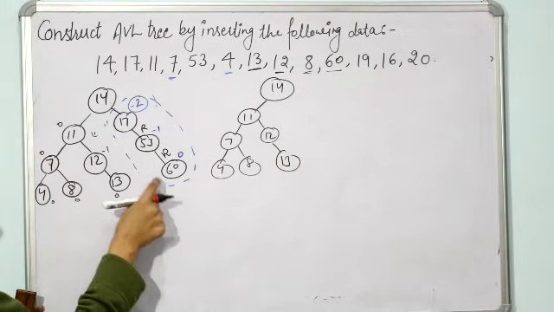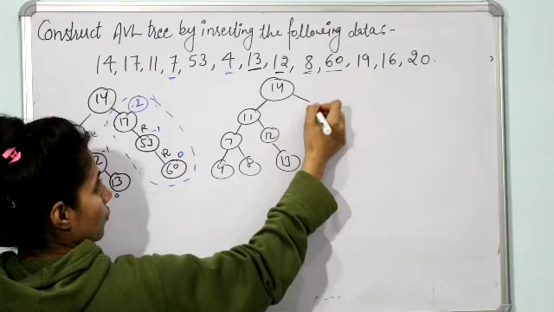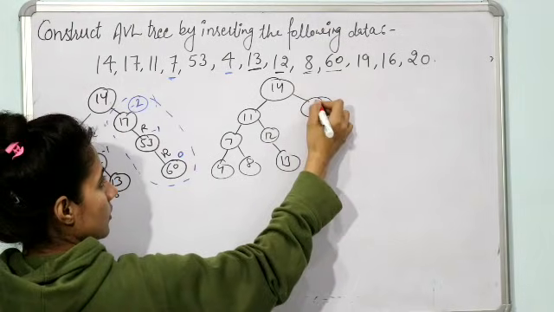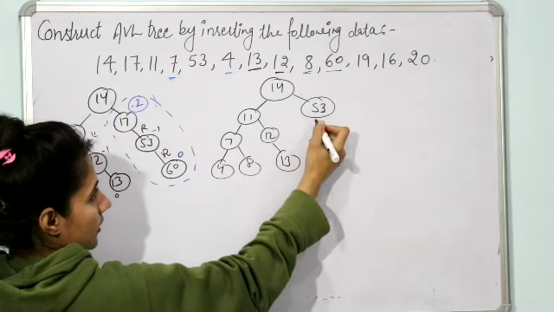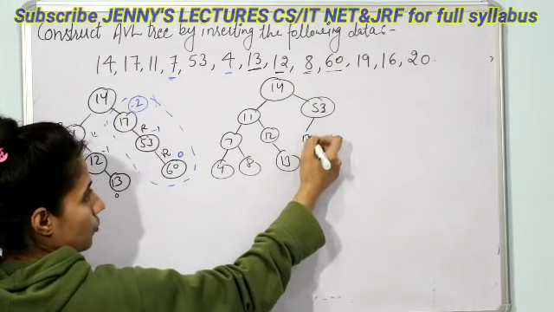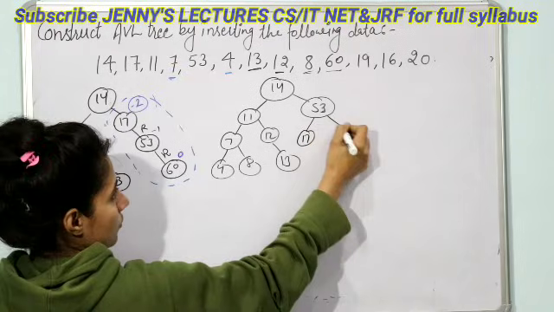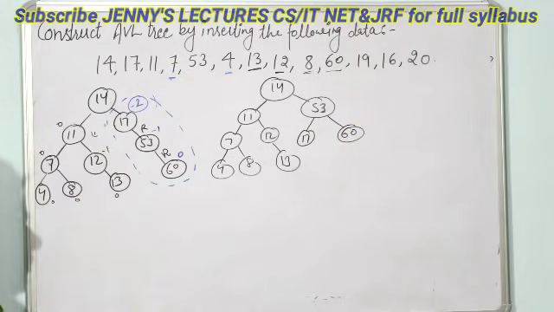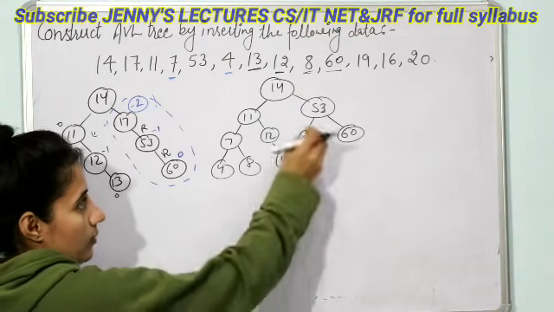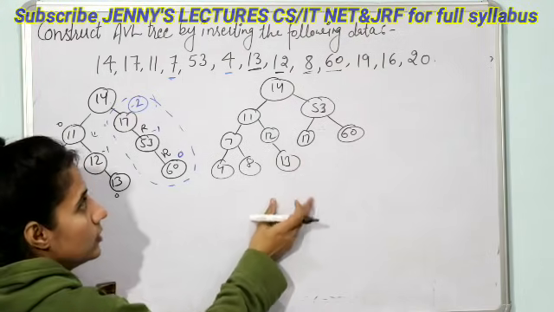Now the middle element is 53. 53 would go up, that is 53 becomes the root. 17 and 60 would be the children. 17 is less than 53, so it would go to the left part. 60 would go to the right part. Okay. Now you can check the balance factor of each and every node, and this tree is balanced.